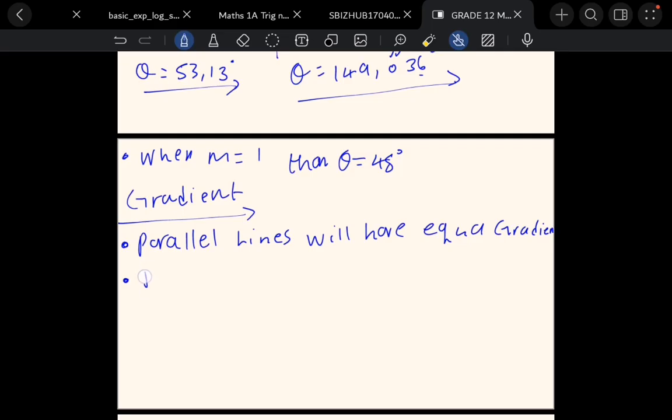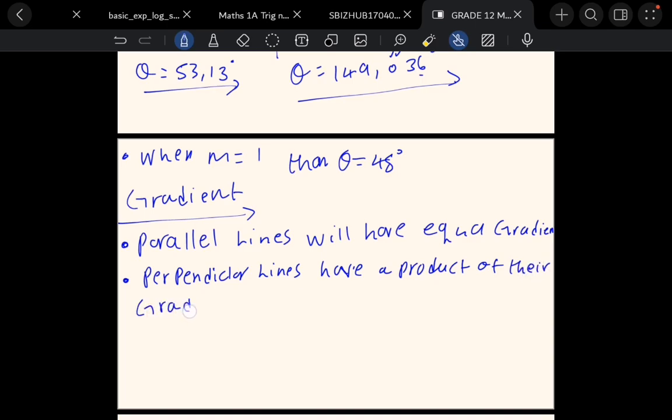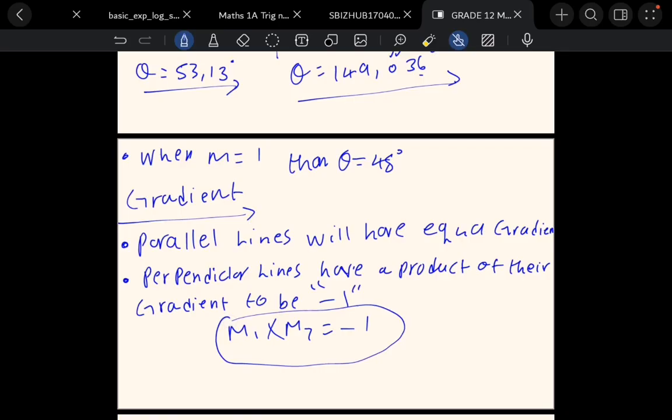And perpendicular lines have a product of their gradients that is negative. So m1 times m2 must give you negative 1. This case will only apply for perpendicular lines, right?